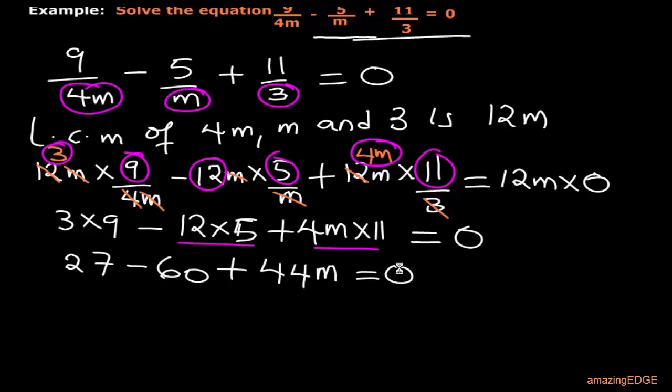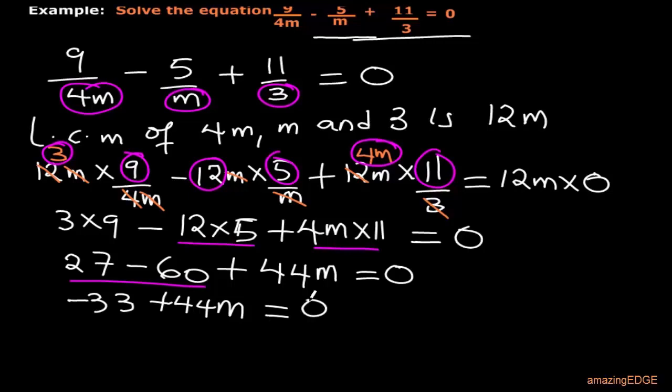Here, 27 minus 60 is going to be negative because you are subtracting a big number from a small number. That will give us 33. Then plus 44m. Remember, this should be minus 33, so it's going to be negative, being equal to 0.